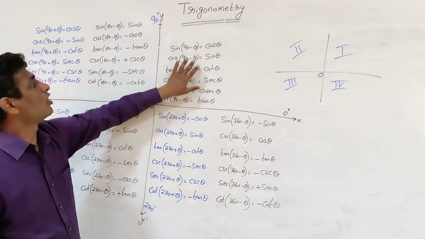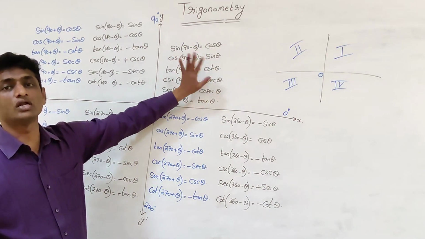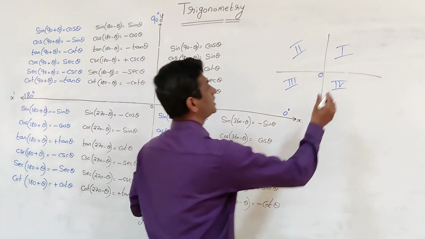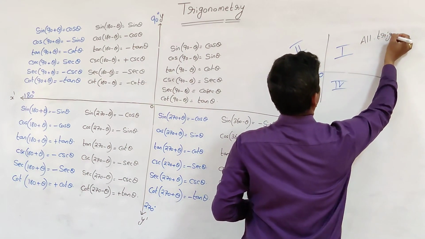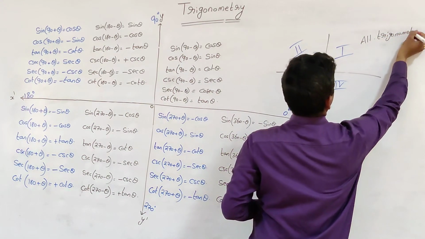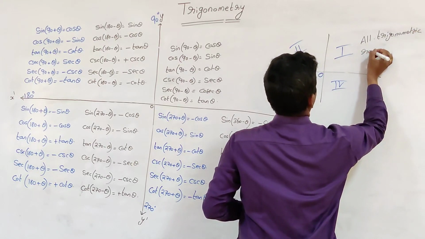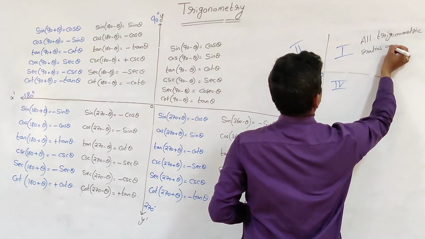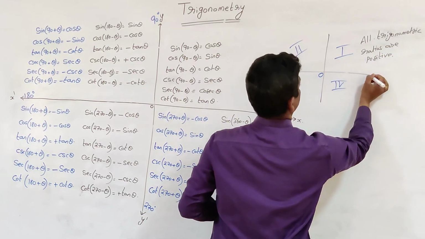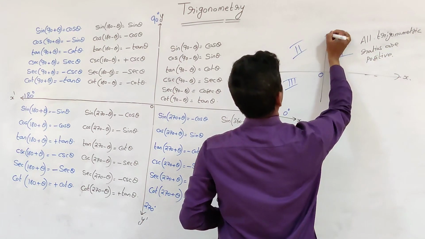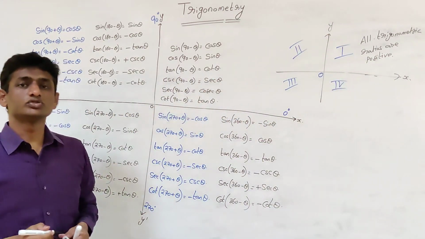In this case, all trigonometric ratios are positive. In the first quadrant, all trigonometric ratios are positive.